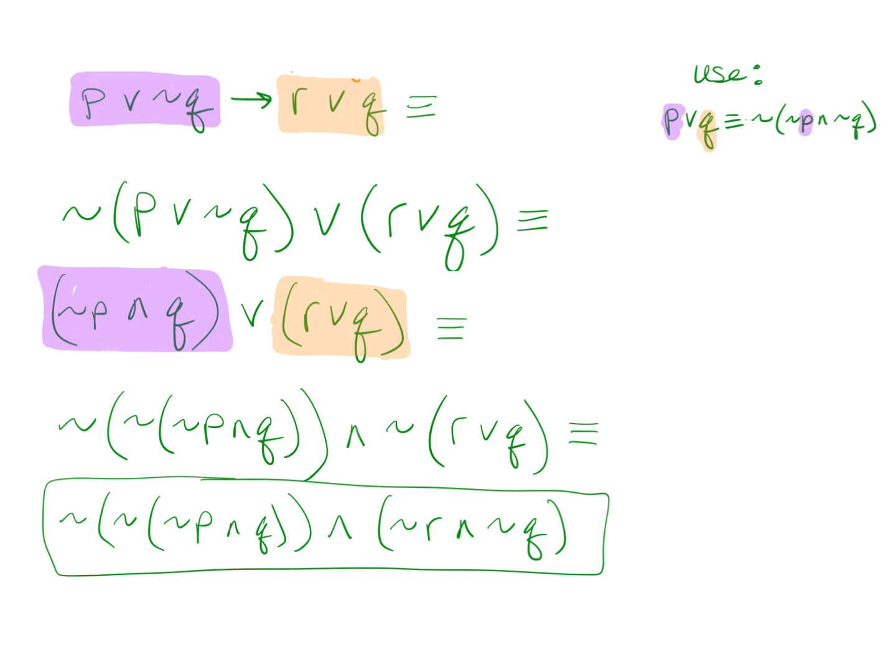So that was purple, and I rewrote the purple here in place of P. Then that stayed in the next line. I didn't do any work on that. And then my Q showed up over here. So this was my Q. I just put a not in front of it like the rule said, and then I did De Morgan's law.